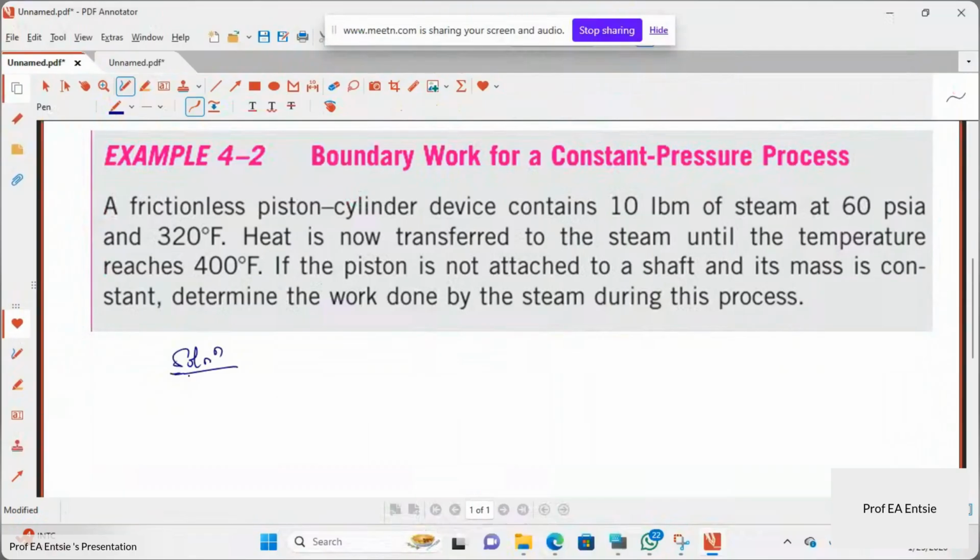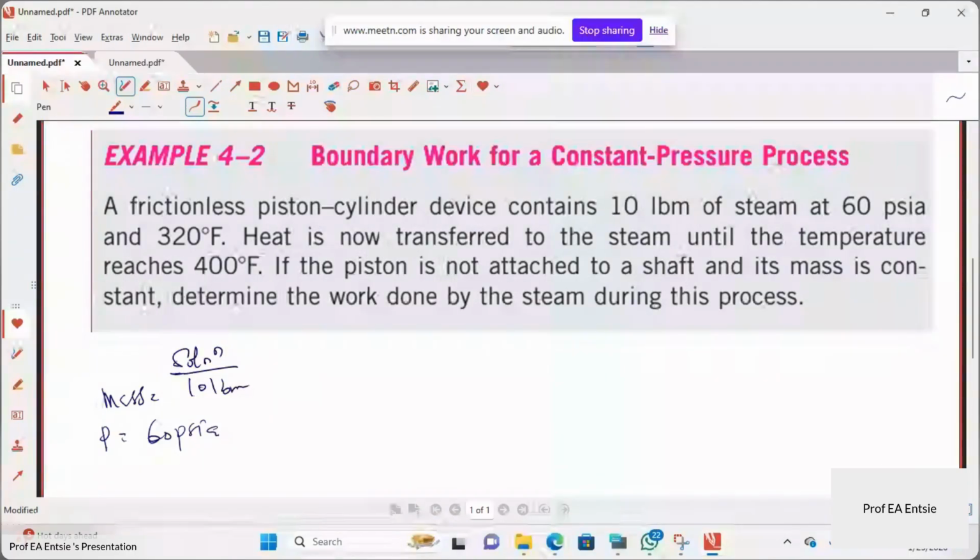The quantity they give you is the mass, 10 lbm, at 60 psi, that's the pressure, pounds per square inch. So pressure is 60 psi, it is constant.